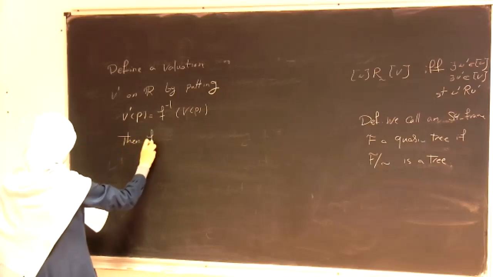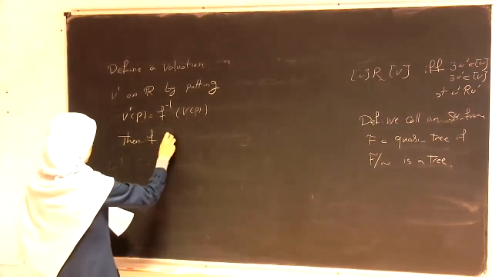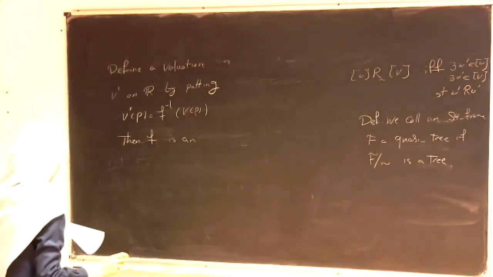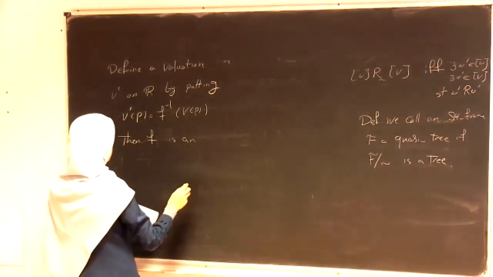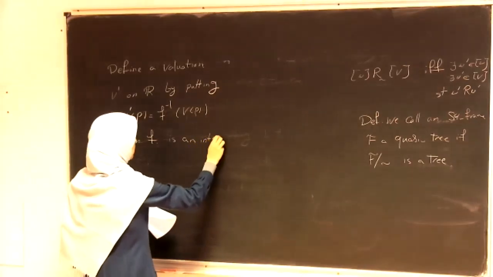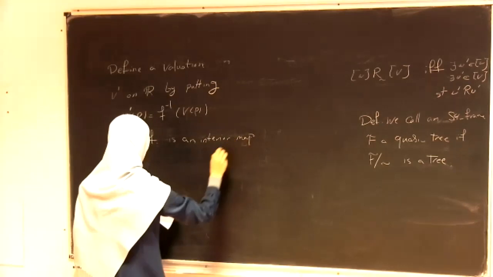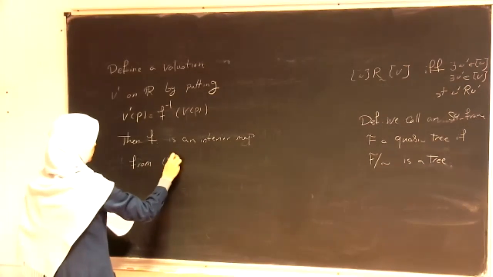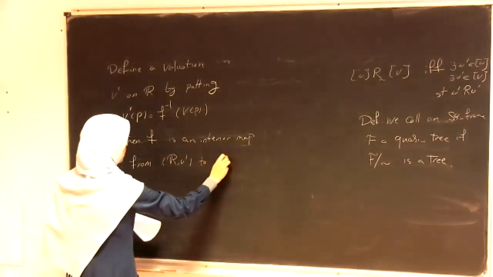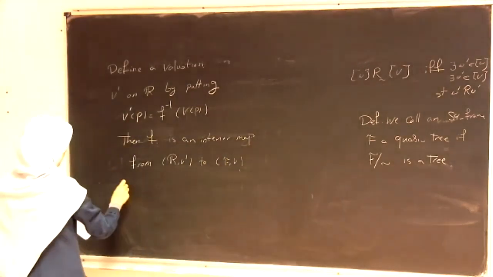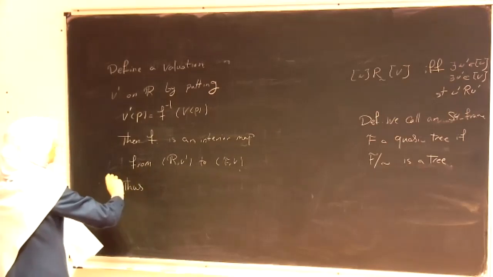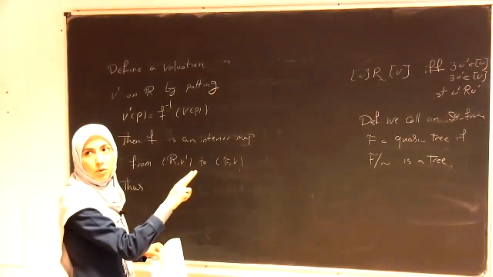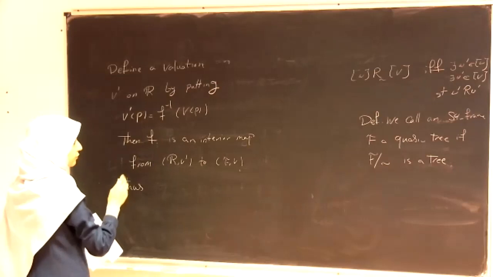Then F is an interior map from the model R and V prime to the model W and V. Thus, since it's a surjective map, for the point R where phi is not true, there should be some point in R which F maps to that point.